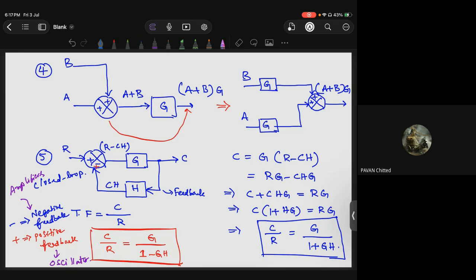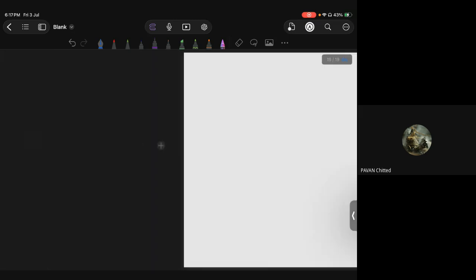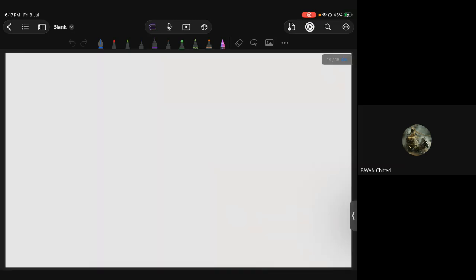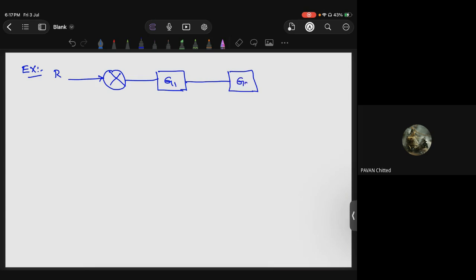So next, let's take a simple example and try to do the reduction technique. Let's say we have R here, and we have G1 here, we have G2 here, and we have a summing point here, plus and plus.